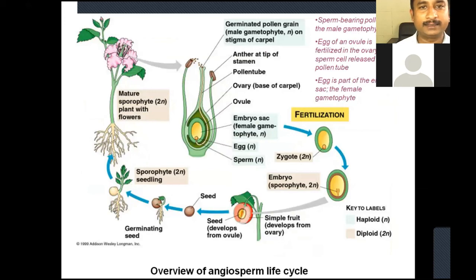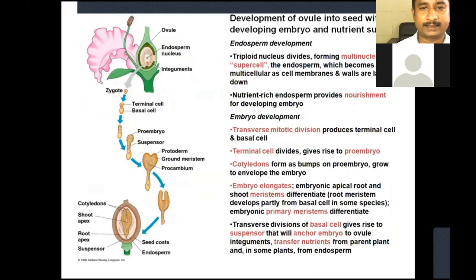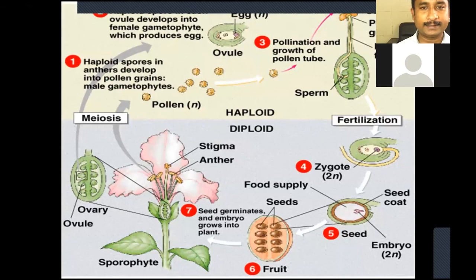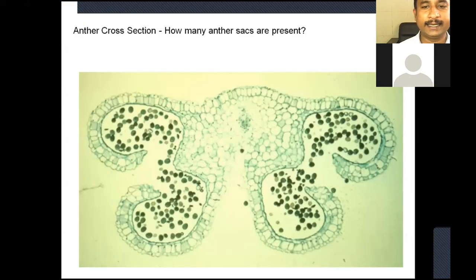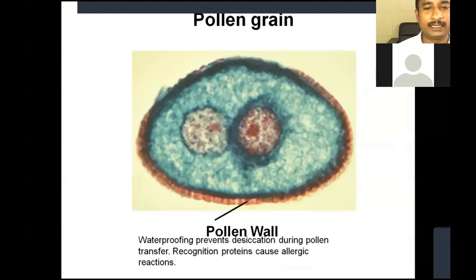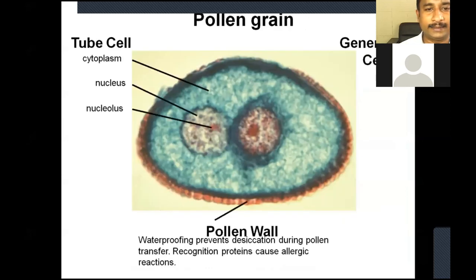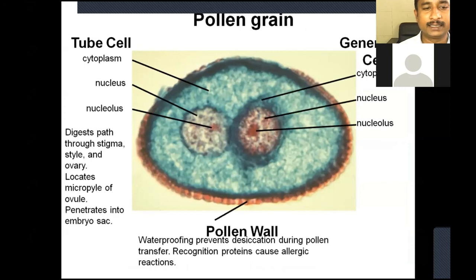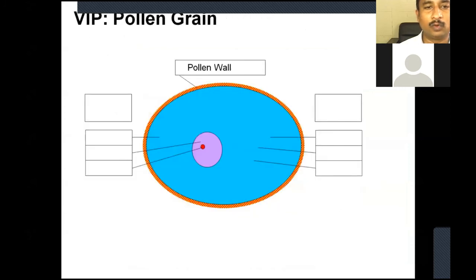I will be ending my lecture soon, because time is running out. Only 3 minutes are left. These 2 or 3 slides I'll cover in the next class, because they are a little more technical. You need to understand how the pollen tube goes.